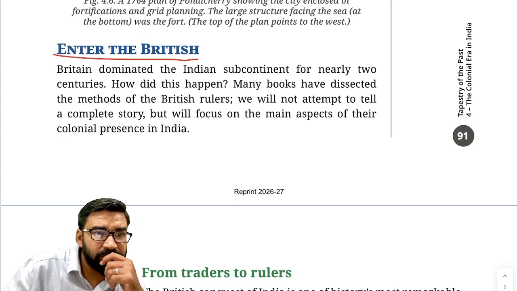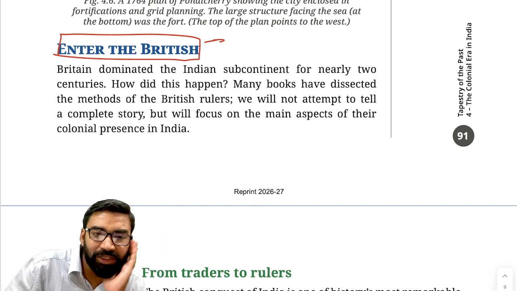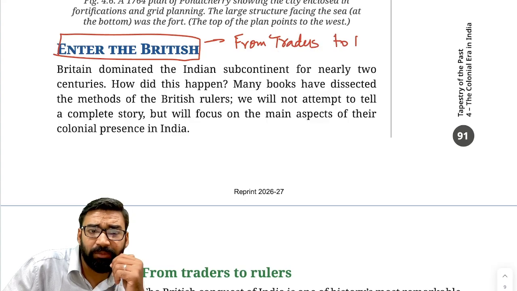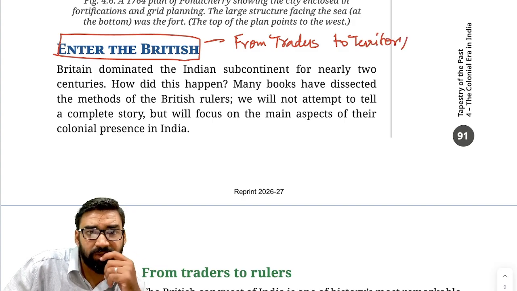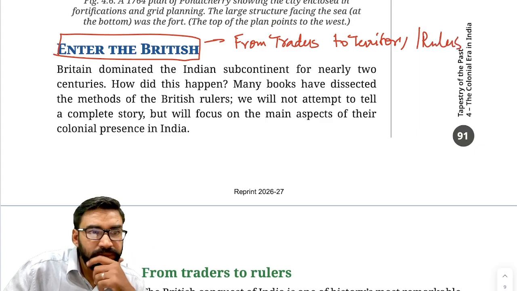Clear? Now the Britishers. The most important theme regarding the British is their transformation from traders. They came as traders and they made their territory a colony. Traders to territory, or rulers. Clear?